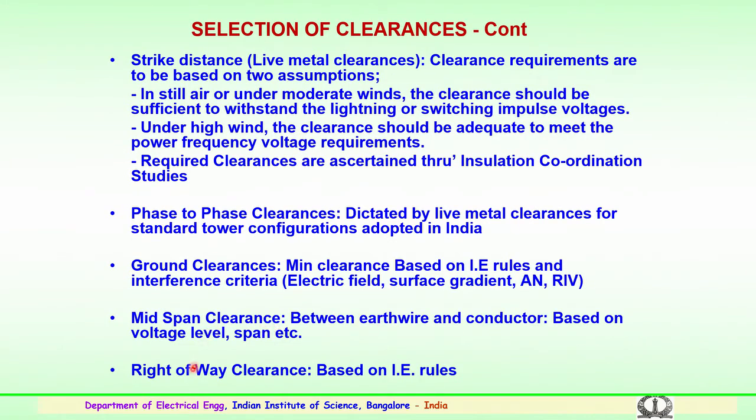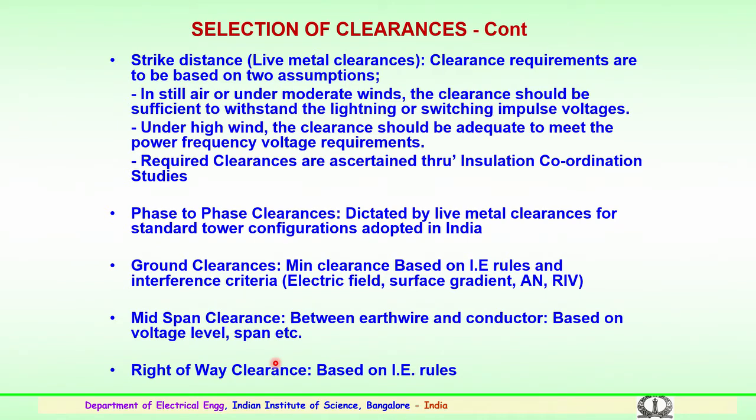So, that is what is said here, ground clearances minimum based on this, mid-span clearances between earth wire and the conductor, again based on the various voltage levels, the tower to tower span length, etc. are very important while selecting the clearances for different voltage levels.